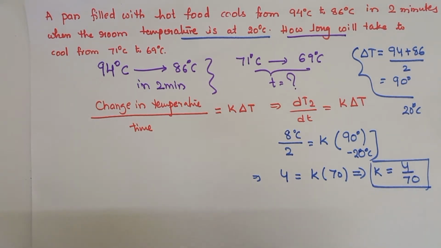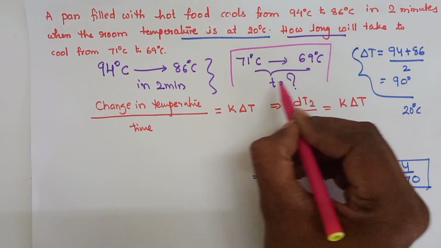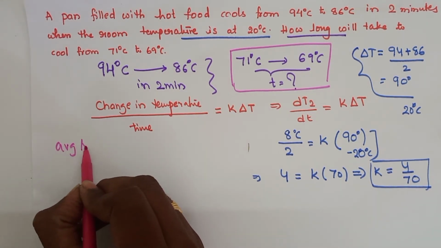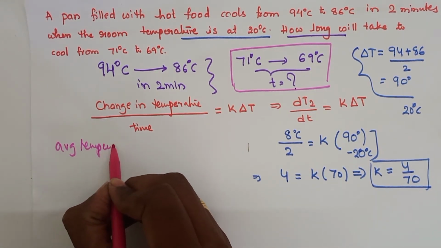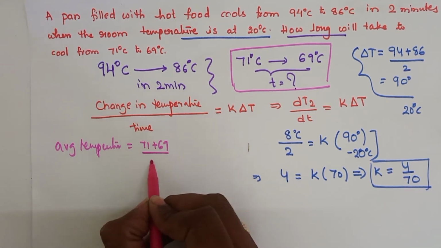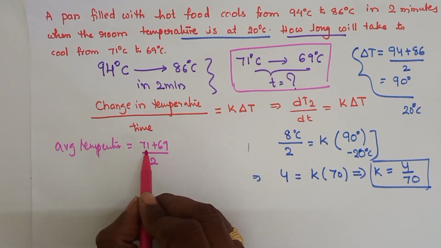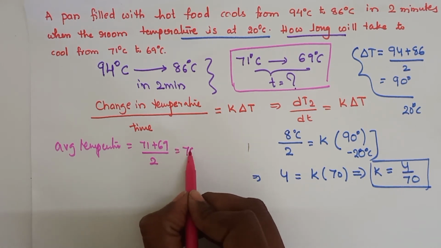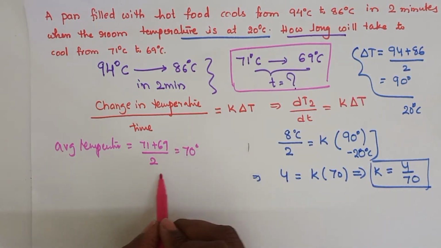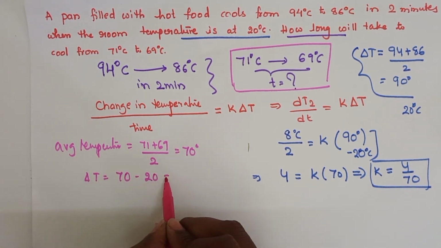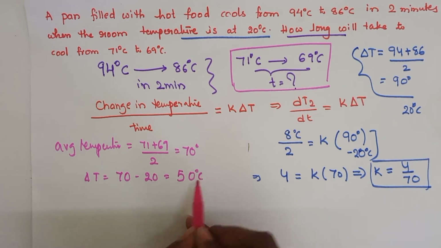Now come to the problem. This is our problem. Average temperature is 71 plus 69 by 2. What is that? 140 by 2, 70. What is the surrounding temperature? Delta T is equal to 70 minus 20, which is 50 degrees centigrade.